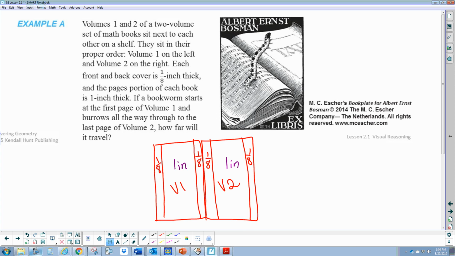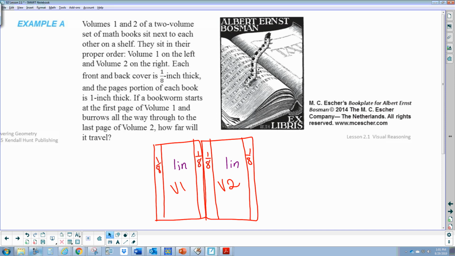If you just read through the problem and solved it right away, you probably added everything together and went from here all the way to here, right? And you would have gotten 2 2/8 or 2 1/4. But now I want you to think about how these books are laid out. And this is the power of visual reasoning.